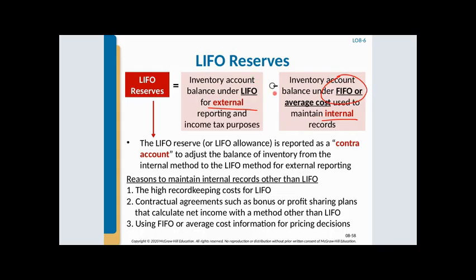So they're going to have two concurrent calculations of the income and the inventory, one under FIFO for internal and one under LIFO for external. Now we're going to need something to reconcile these two, and we're going to use something called the LIFO reserve to reconcile it.